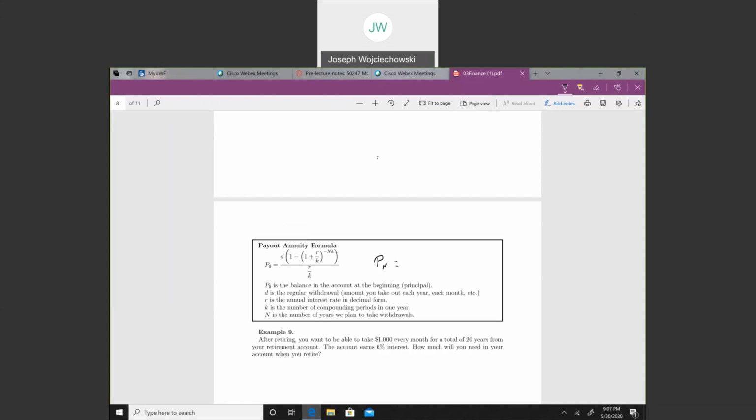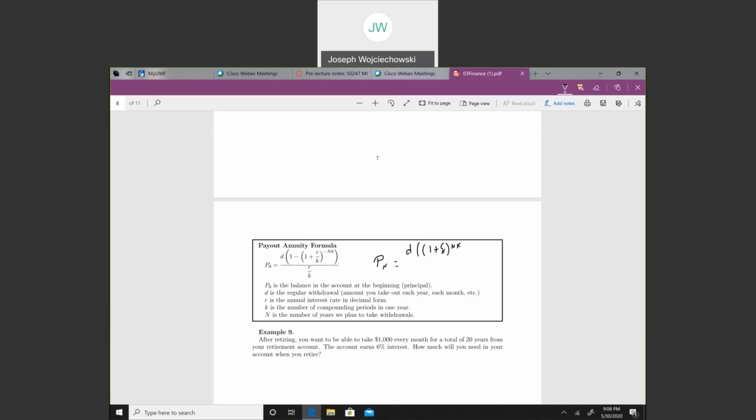The D stays the same. In the payout formula, we have 1 minus 1 plus R divided by K. Here we have 1 plus R divided by K. And the next thing was this was to the positive NK, and this is to the negative.